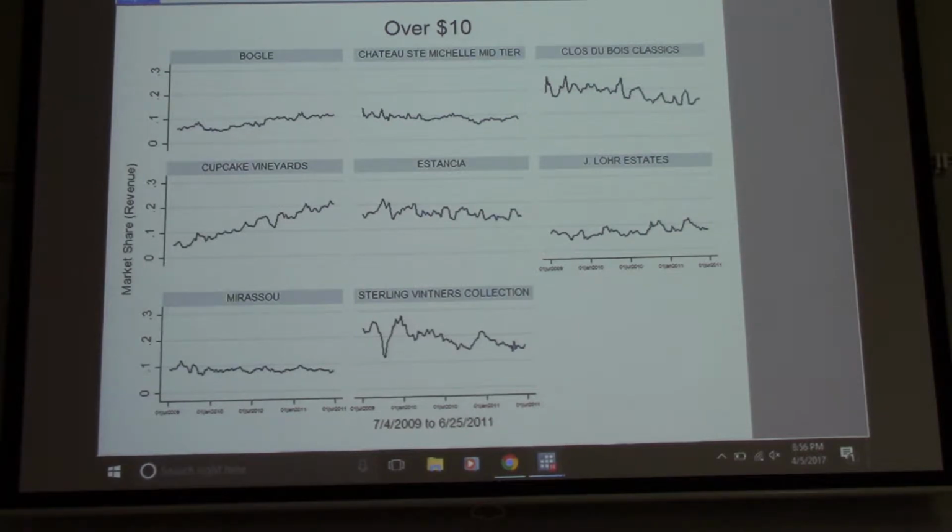Again, Cupcake's doing well. Mirassou hasn't changed a hair. Bogle slightly increasing. Clos du Bois decreasing. All right.